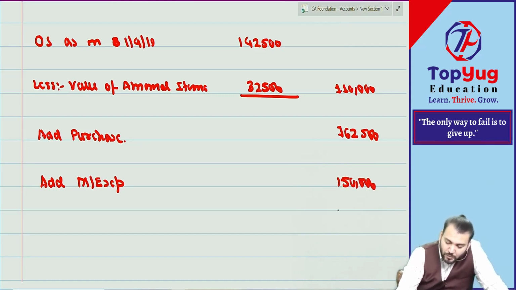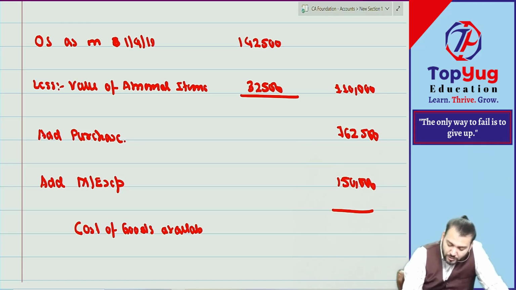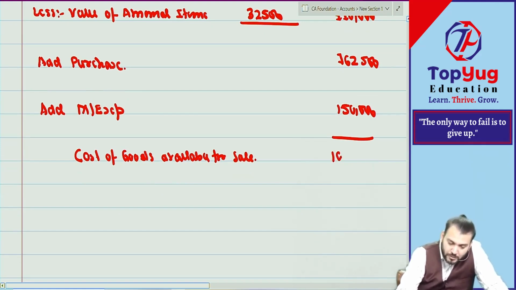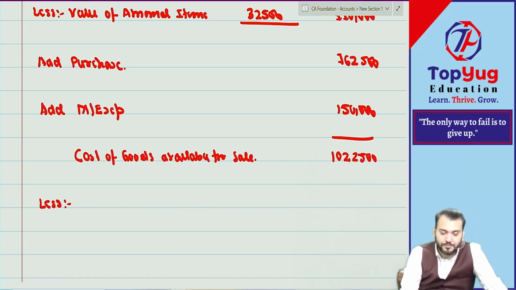So can you see, this becomes cost of goods available for sale, excluding abnormal item. Yes or no? Available for sale, how much? 10,22,500.